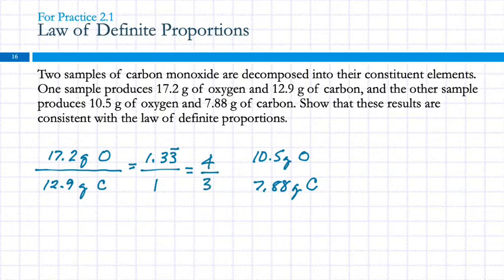And then if we look at 10.5 divided by 7.88, calculator says 1.33. So that's also essentially 4/3. Are these the same compound? Does it agree with the law of definite proportions? Yes, the ratio is the same.